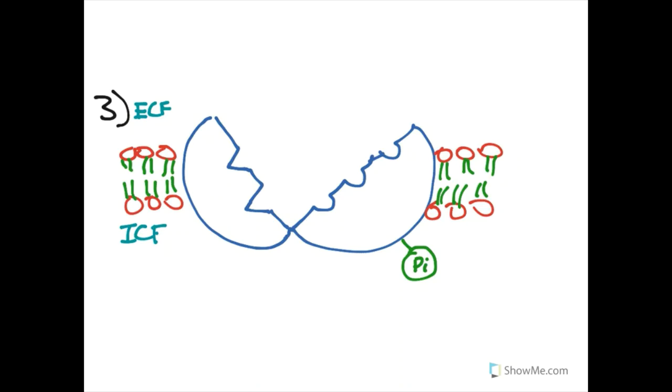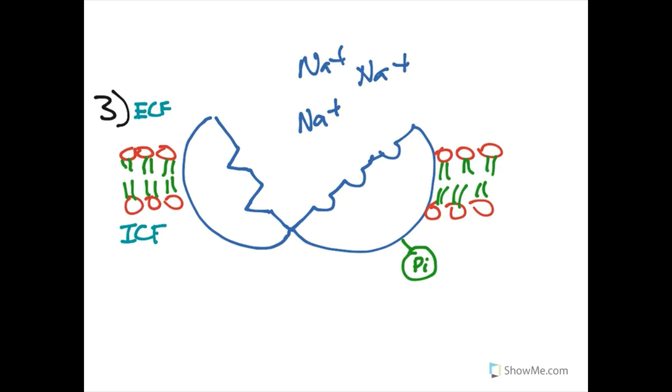So the protein shape had changed in such a way that it shifted out to the outside. This phosphorylation not only changes the structure of the protein, but its affinity for sodium is depleted. And what's going to happen is all this sodium is going to get released to the ECF as the affinity decreased because of phosphorylation. We release it.